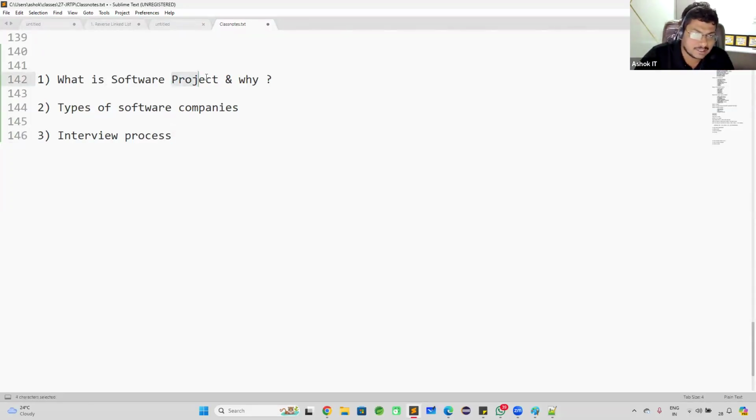A project is nothing but a collection of programs. A software project is nothing but a collection of programs. So we are developing so many projects, right? Why do we need to develop these software projects?